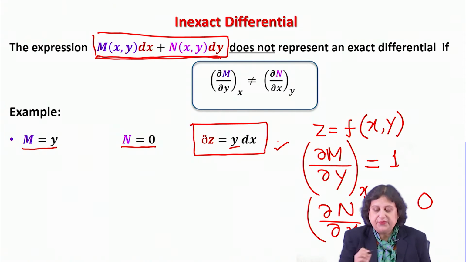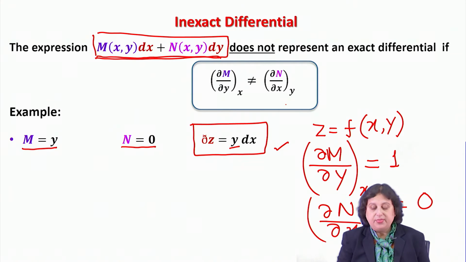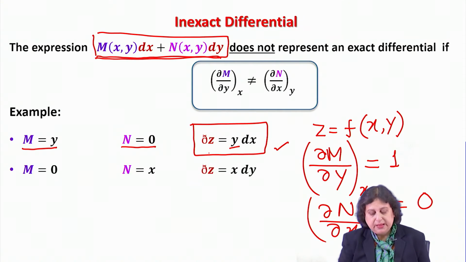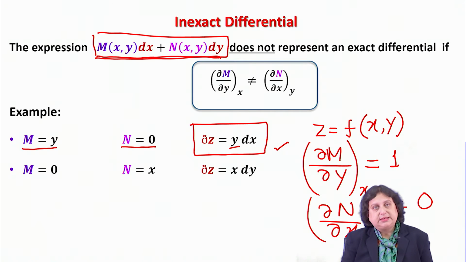Therefore, for this differential, ∂m/∂y at constant x is not equal to ∂n/∂x at constant y. And therefore, I would say that dz is not an exact differential, it is an inexact differential. There are other examples as well.